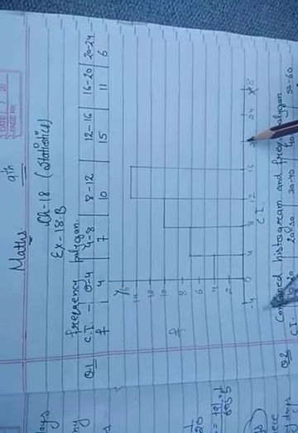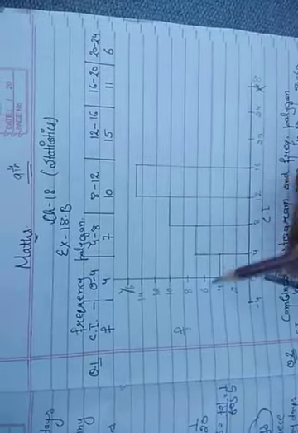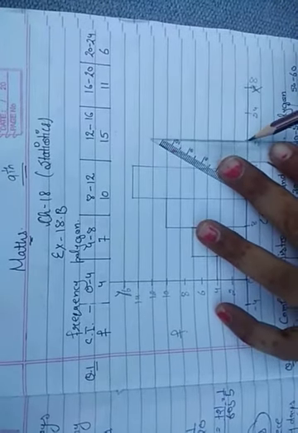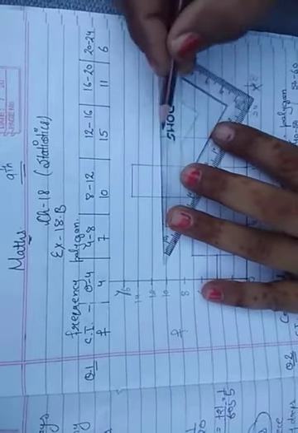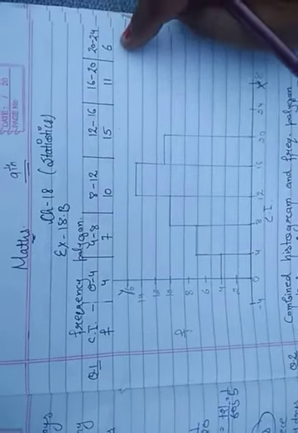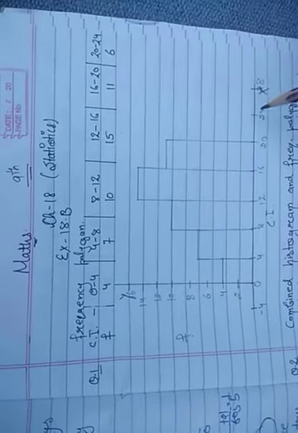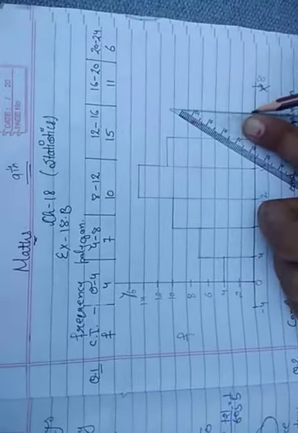This is point 15. Next is class 16 to 20, frequency 11, and 11 lies between 10 and 12. This is 11. Next, 20 to 24, frequency 6. This is 6.